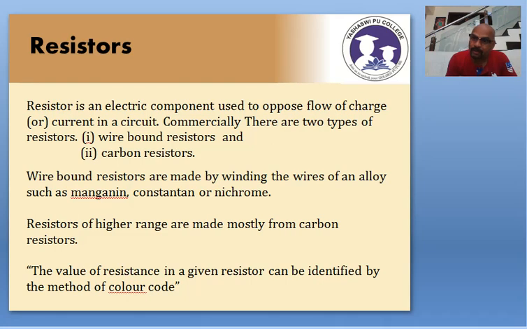Therefore, in order to find the value of the resistance of the carbon resistor, there will be colored bands, colored rings on it. By decoding those colored rings, we can find the value. So by looking at the colors, we can find the value of the carbon resistor. And how we do that, we will learn in the next slide.